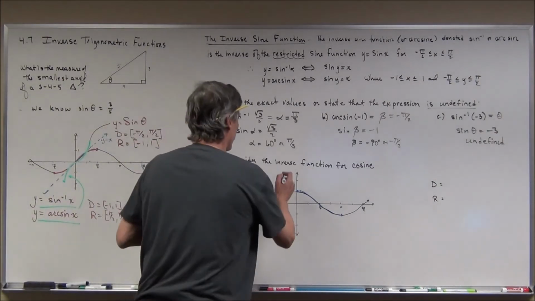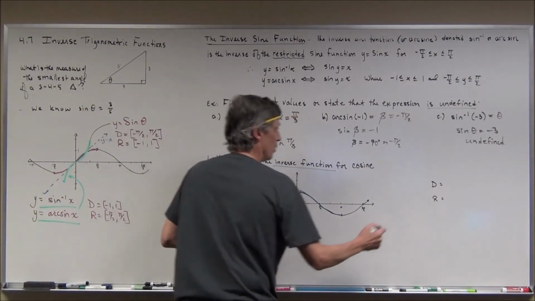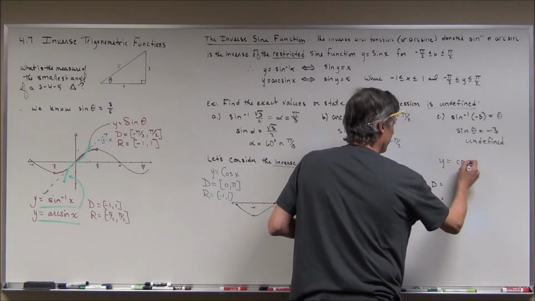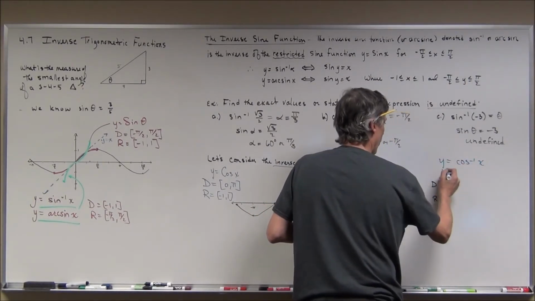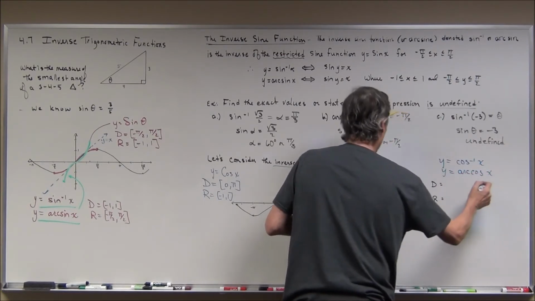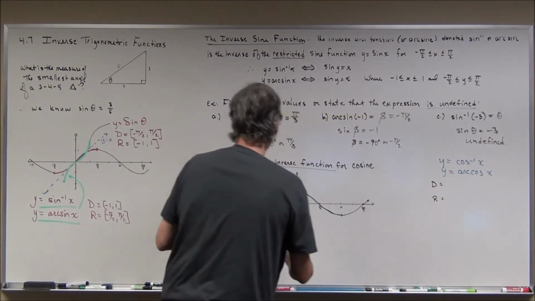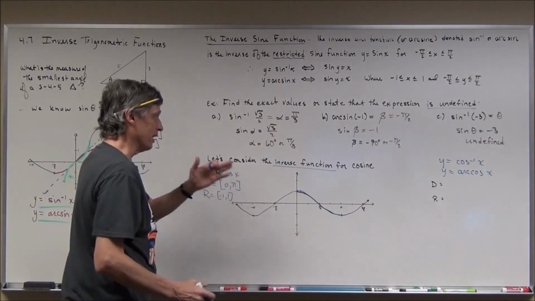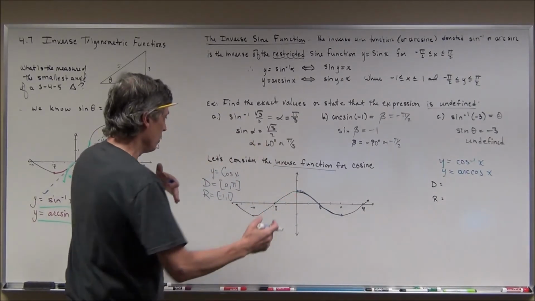Let's rewrite this using the same kind of notation. We're going to come up now with the inverse function of cosine. We're going to write y equals inverse cosine of x, or y equals the arc cosine of x. Now, again, the x and the y here are not the same as the x and the y here, because to find the inverse, you have to interchange them.